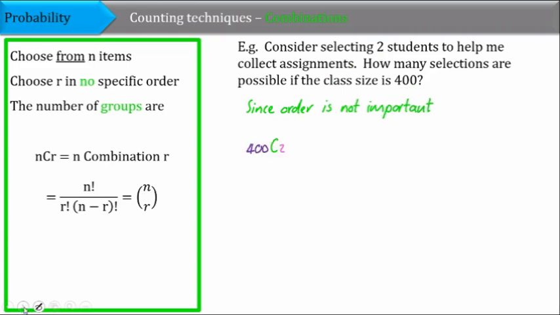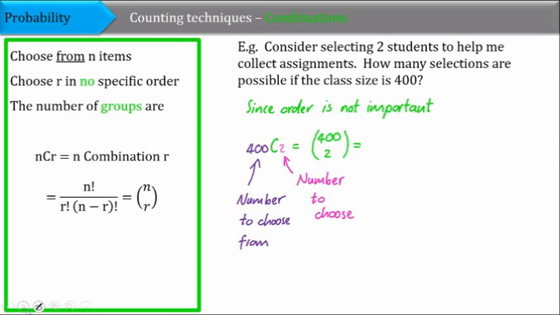So because the order is not important, we'll have 400 combination 2. The 400 will be what we can choose from, and the 2 will be what we choose. So 400 combination 2 on our calculators or Excel, whatever you use.